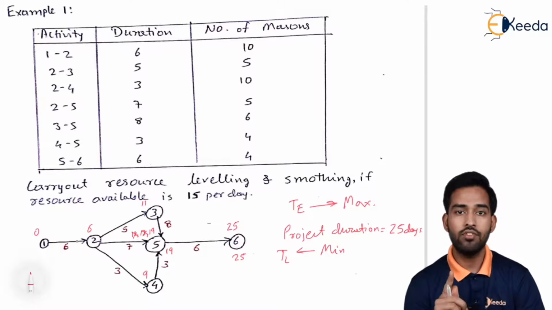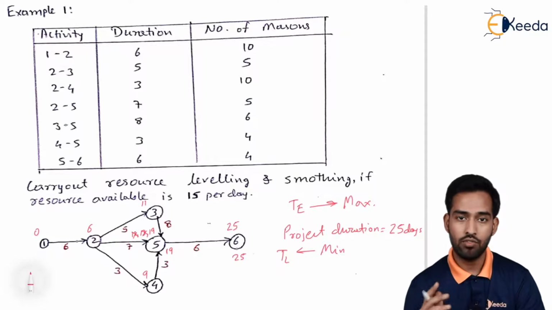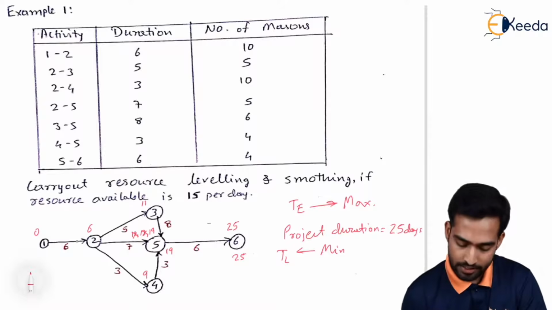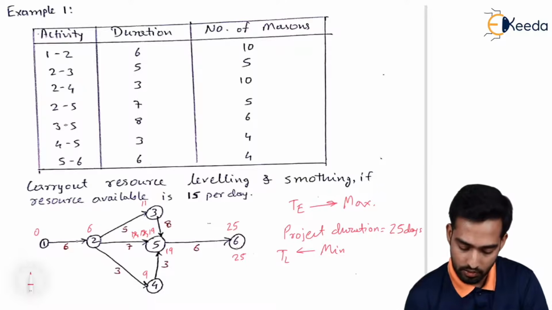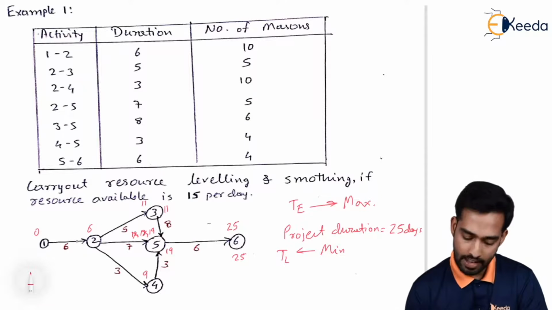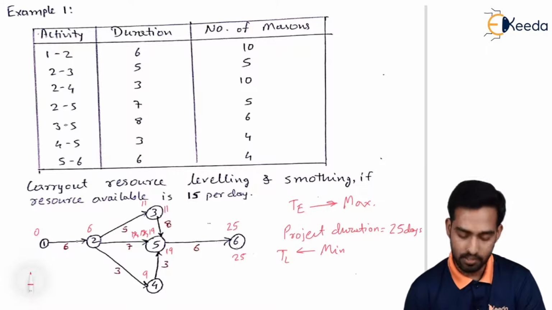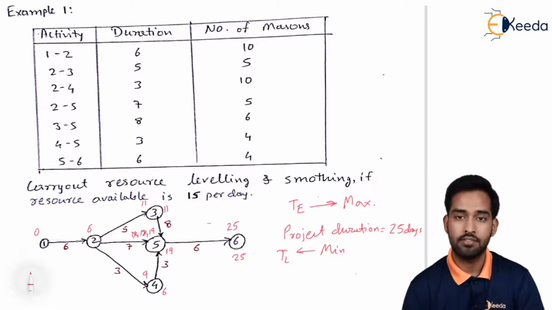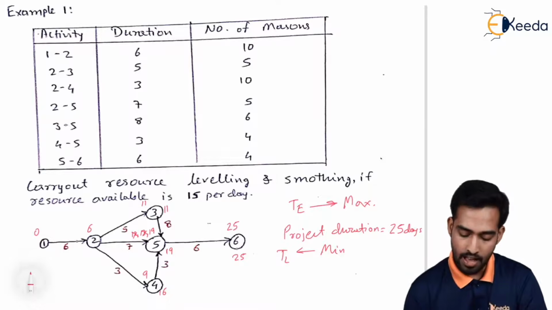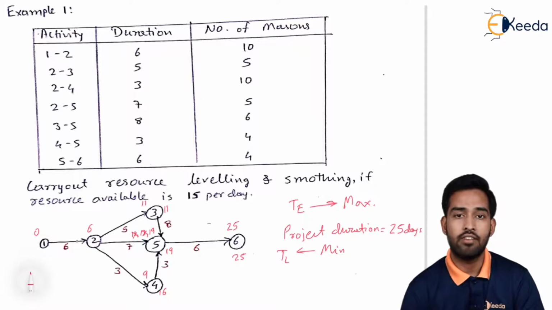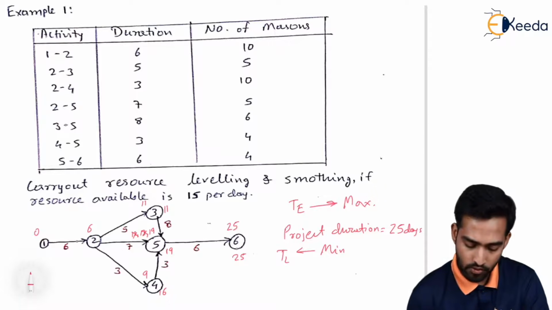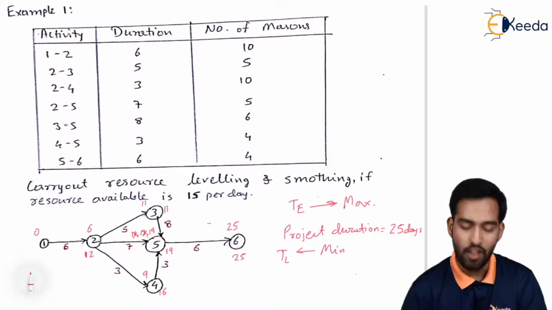Now from the fifth node we have 3 arrows, so we have to go in the backward direction, that is 19 minus 8 will give us 11, and 19 minus 3 will give us 16, and 19 minus 7 will give us the value equal to 12.